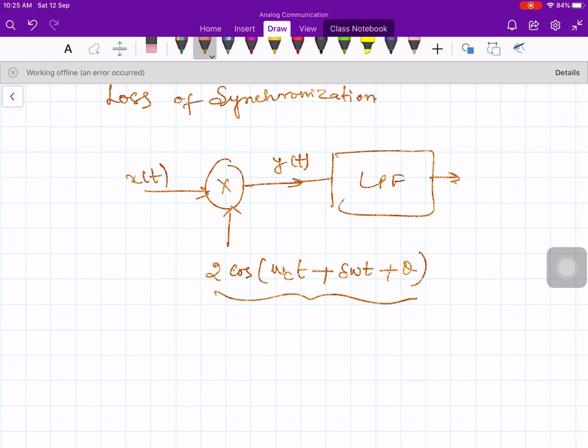Now the same operation. What is your y of t? Same mathematics. y of t is equal to x of t times your locally generated signal, 2 times cosine of omega ct plus delta omega t plus theta.